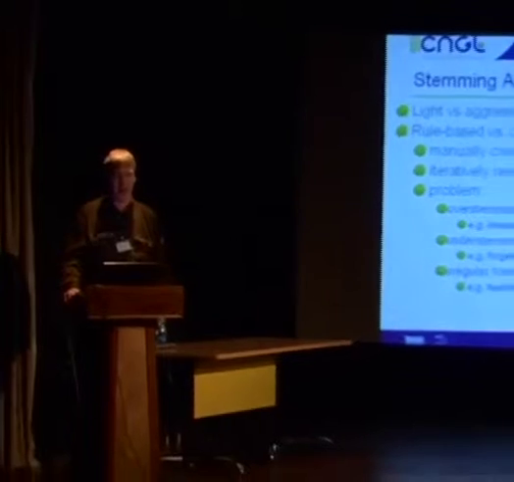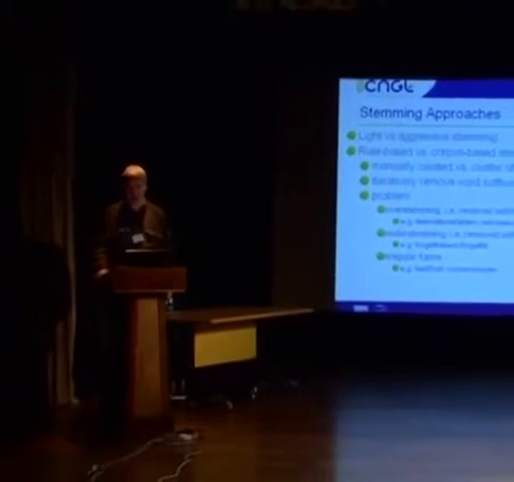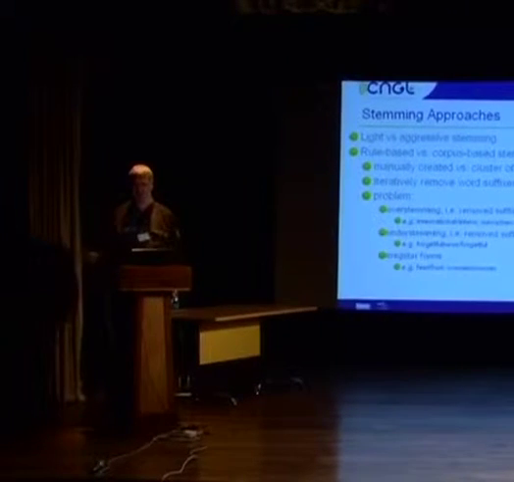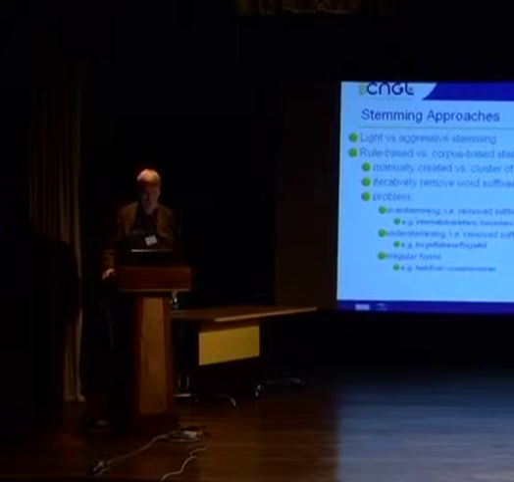Considering stemming, again, there are different types of stemmers, different approaches, light versus aggressive stemming. For example, light stemmers would remove only very few suffixes. For example, in English, you would remove the genitive S or apostrophe S from words and do some minor modifications to the surface forms, while aggressive stemming aims to reduce as much as possible from the words.